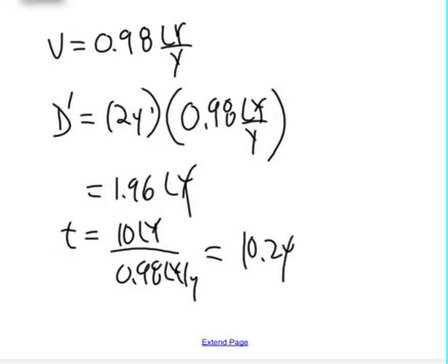So Earth thinks the trip took 10.2 years, traveling a total of 10 light years. The ship thinks they only traveled 1.96 light years, and it only took them 2 years. They will disagree on the distances, they will disagree on the times, they will agree on their common relative velocity.